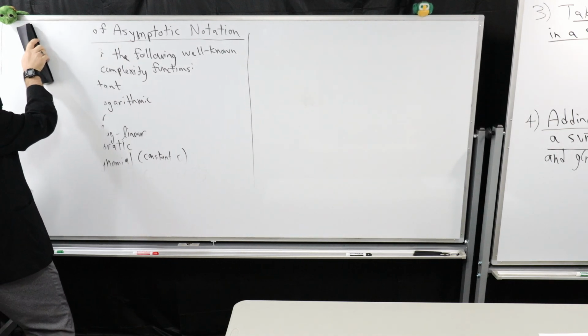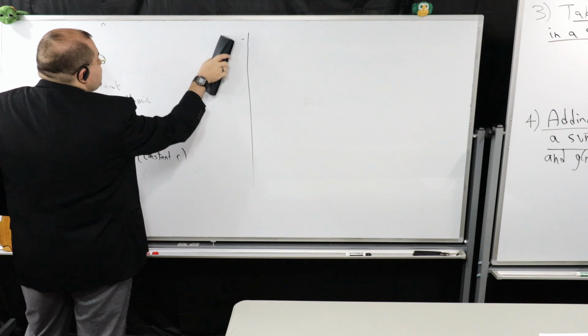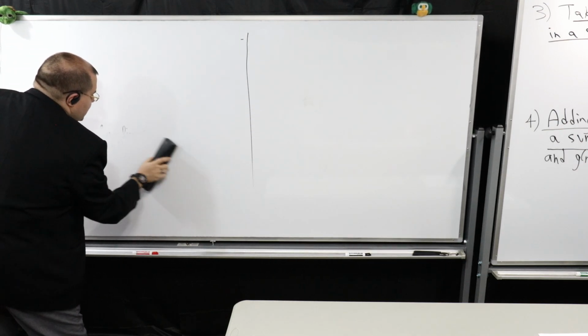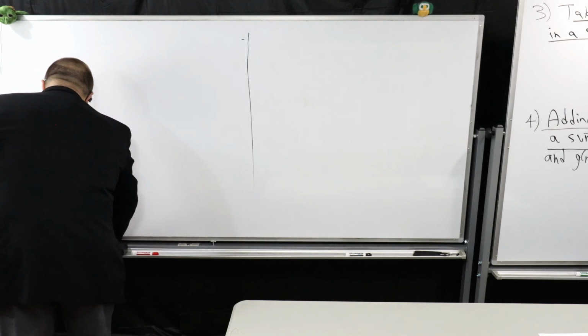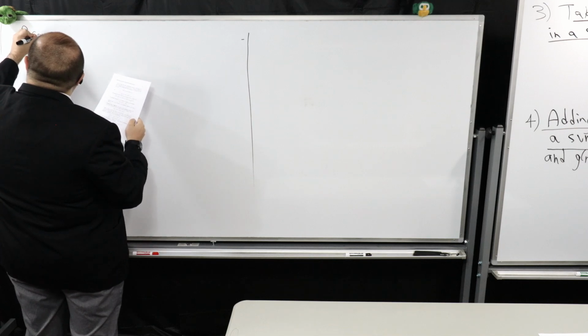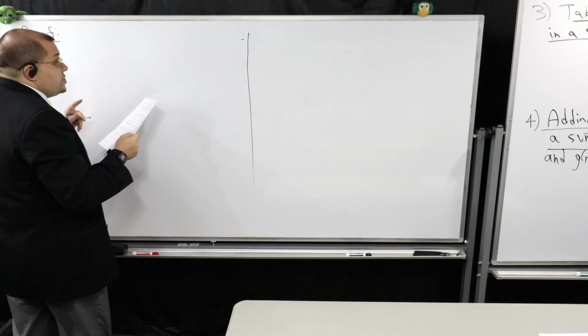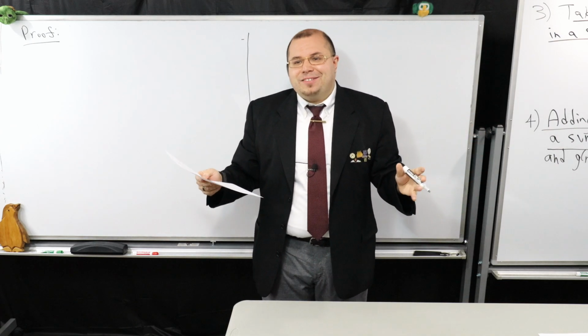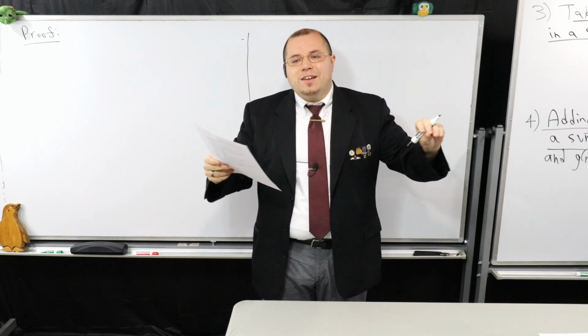Okay, so we're going to try proving this claim together. So let's do a proof for this claim. Now, of course, you could use other properties to prove certain big O properties, but I'm going to keep things fundamental.